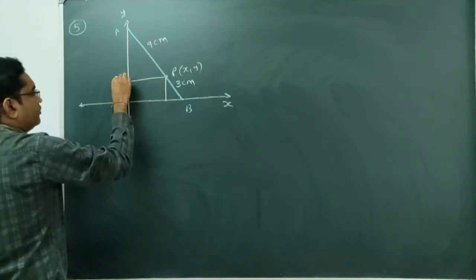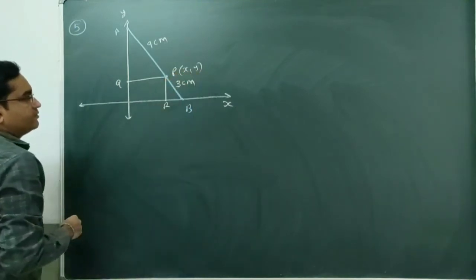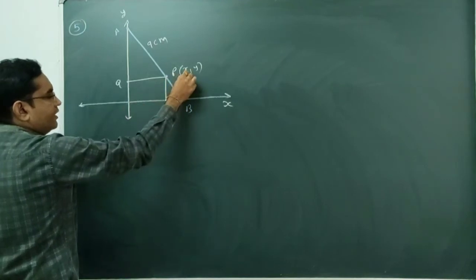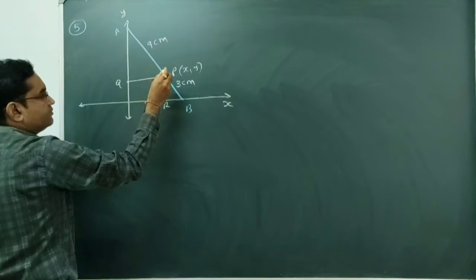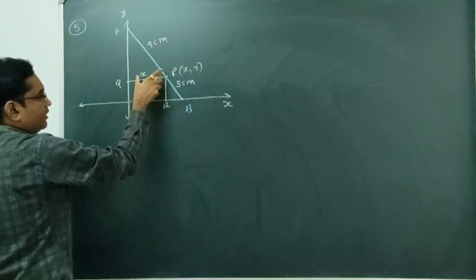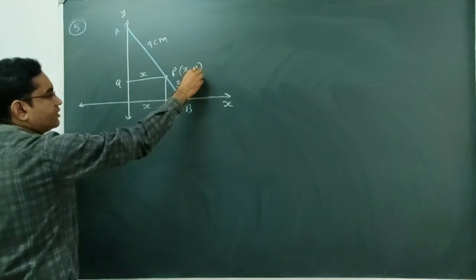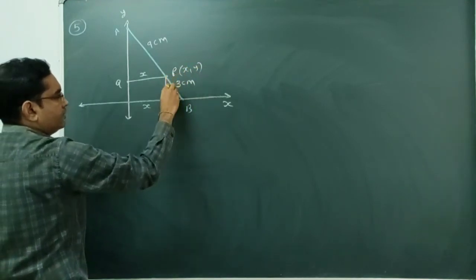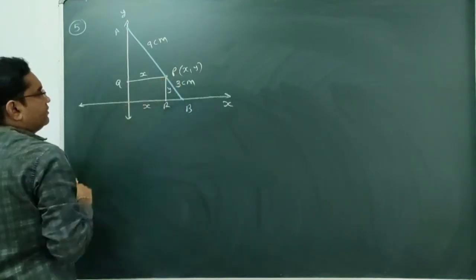Suppose this is point Q and this is point R. So coordinates of this point P are x comma y. Here x is the x coordinate, so the distance of this point from the y axis is nothing but x, and the y coordinate is nothing but the distance from the x axis. So the distance of point P from the x axis is nothing but y. So this distance is y.